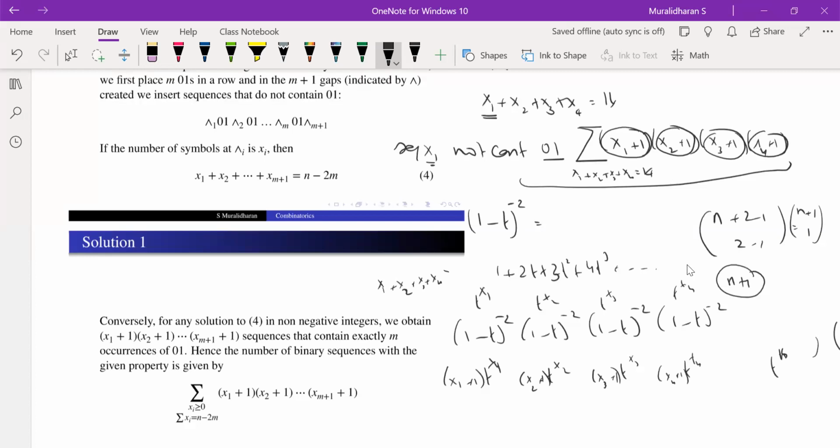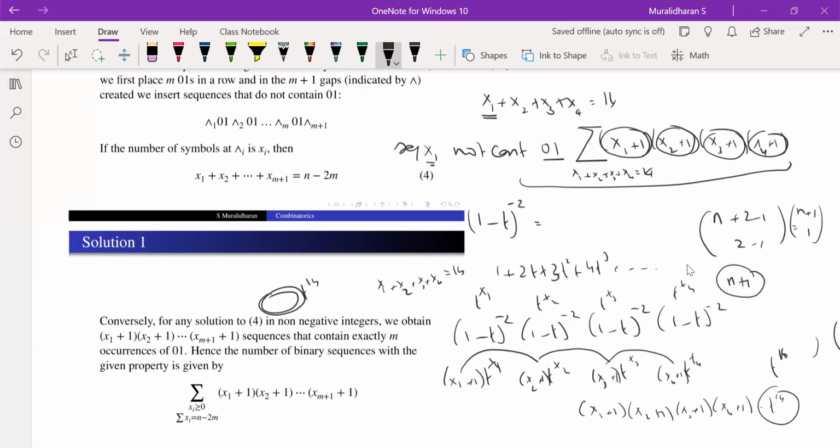I will get the t^14 term. What will be that coefficient? The coefficient will be (x1 + 1) into (x2 + 1) into (x3 + 1) into (x4 + 1), into t^14.